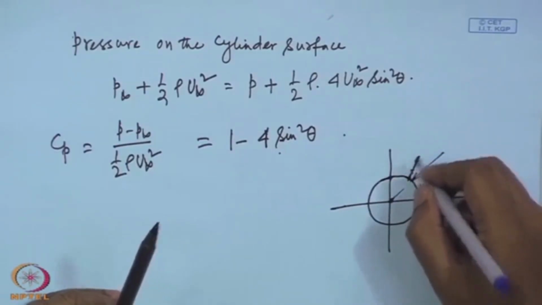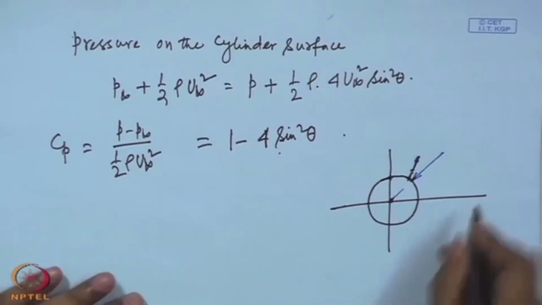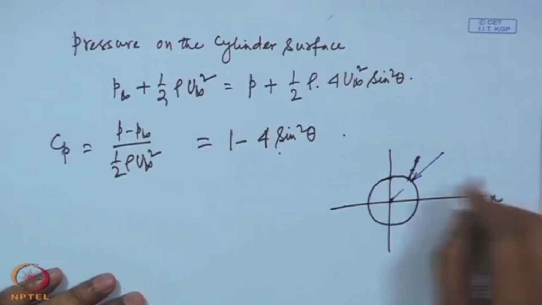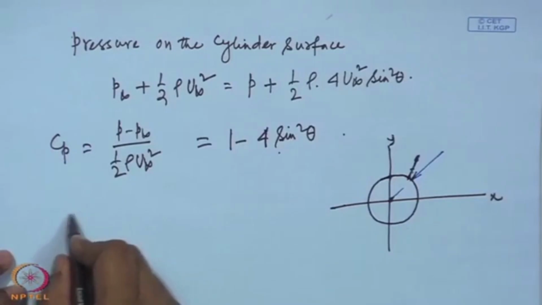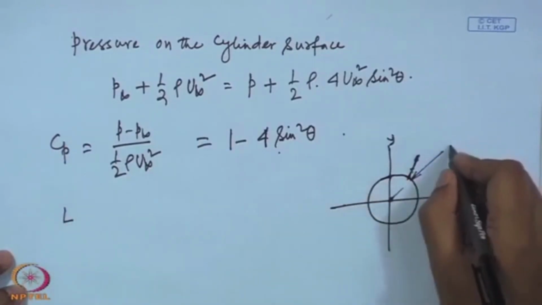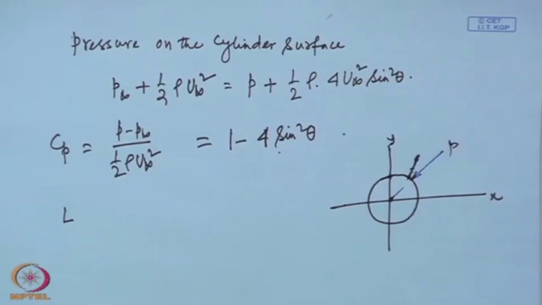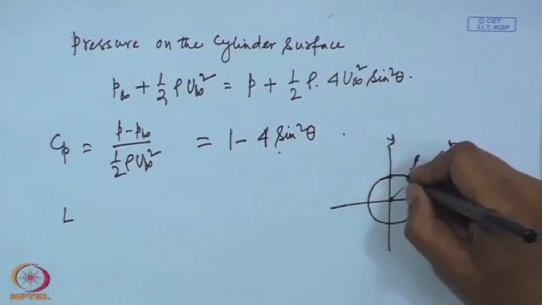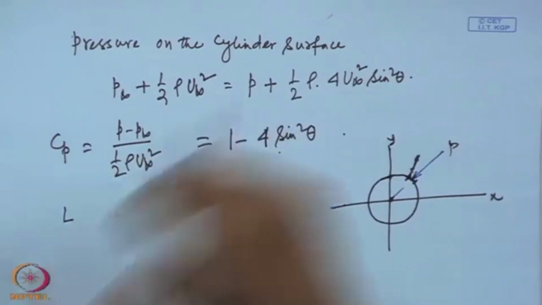This is the direction of the pressure. So, what will be the lift force? Consider a small length r d theta, and consider a unit width, because this is an infinite body.